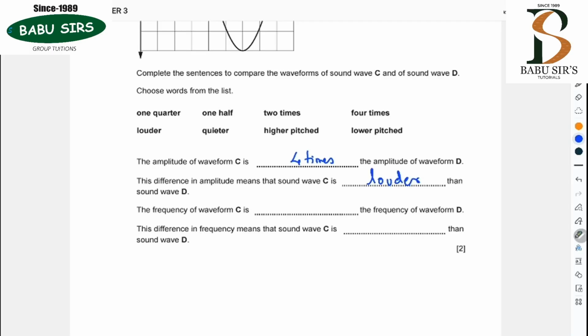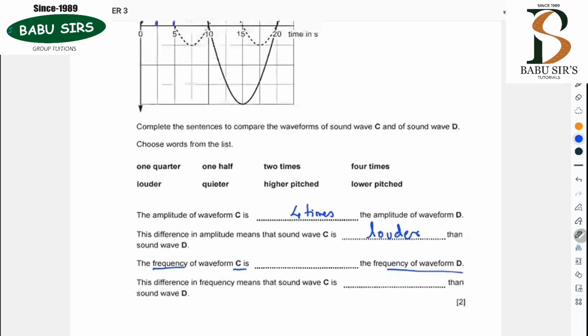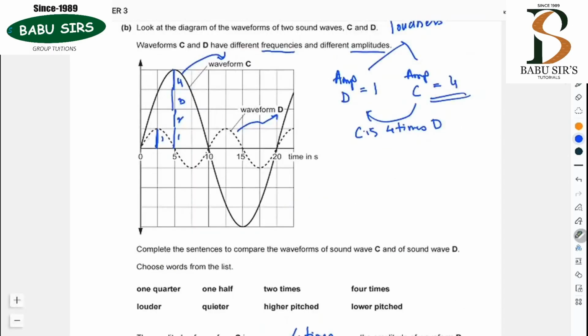Now the second option to check is the frequency of C and D. And you are comparing the frequency of C with the frequency of D. So if you see the frequency of C, now we'll check from 1 to 20. The frequency means the number of waves. So you can see there are 2 waves. So the frequency of C in 20 seconds, suppose, is how many? 2.